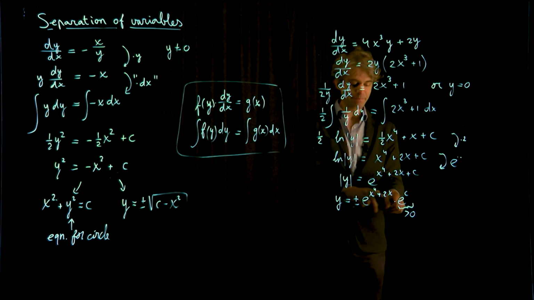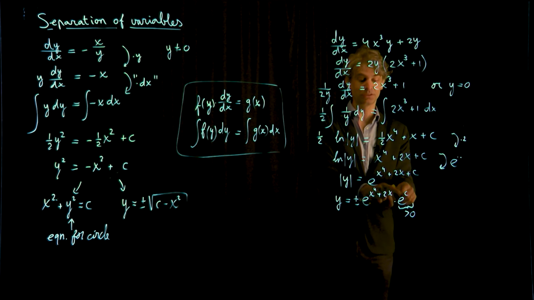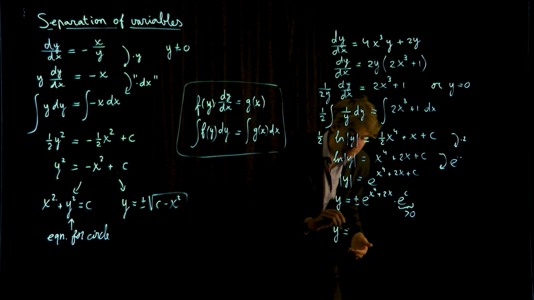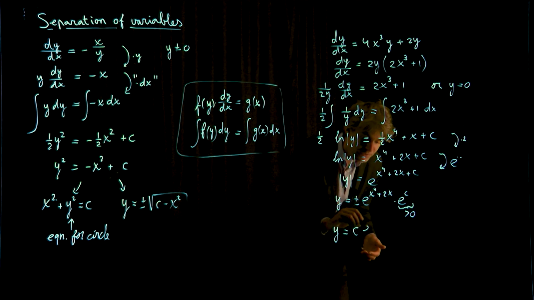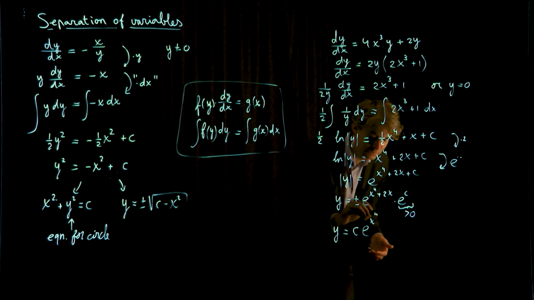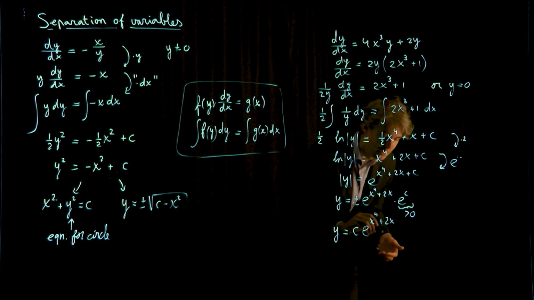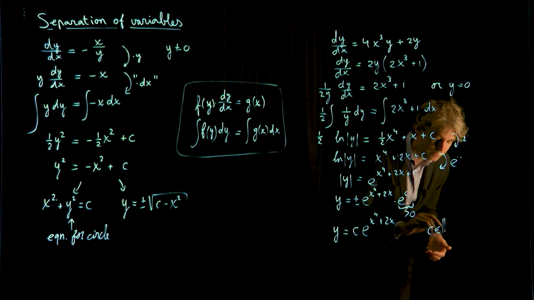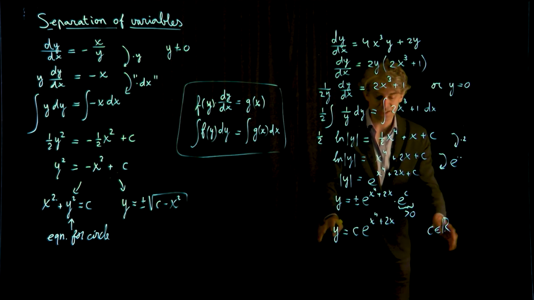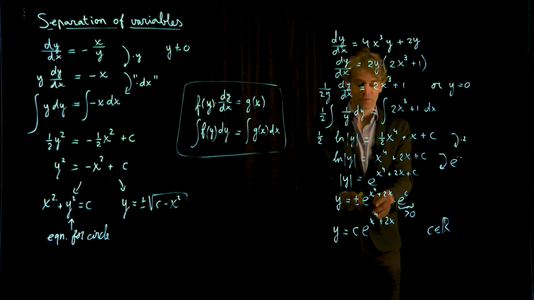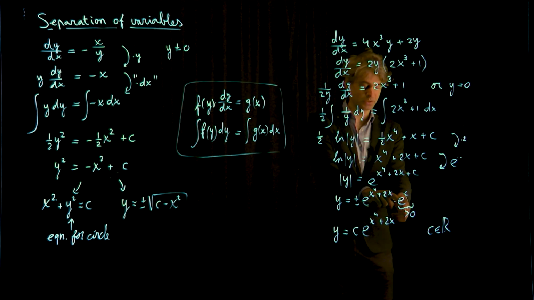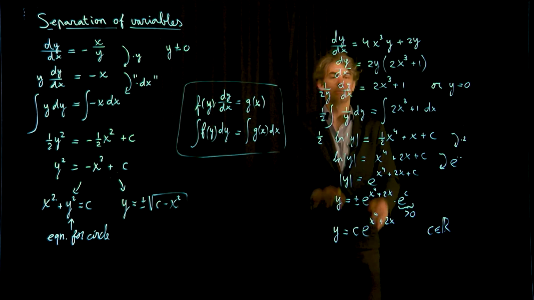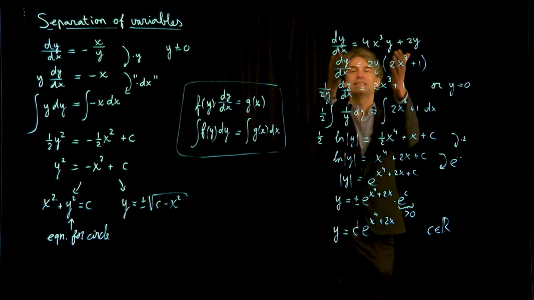So if I add that, that means I could also multiply with a constant 0. So the whole range of solutions would be c times e to the power x to the 4th plus 2x, where c can be any real number. This last line summarizes the solutions for plus and minus with a positive constant, and the solution that we found by being very careful. So this is the full story for this differential equation.